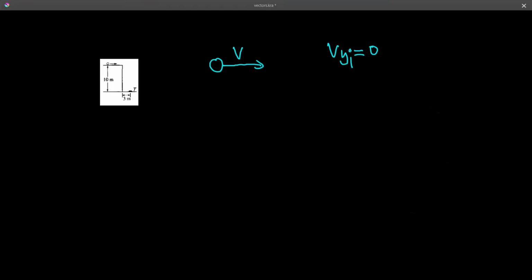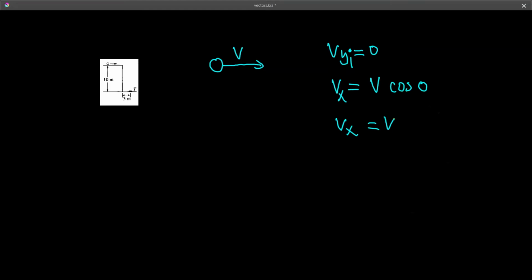So now Vx is equal to V cosine 0, if you want to take it using the angle of 0. Cosine of 0 equates to 1, so you get Vx equal to V. Now we want to know what is the speed that will get me to hit that target.